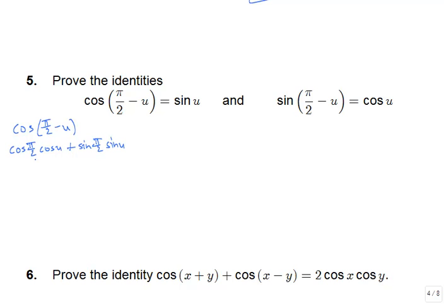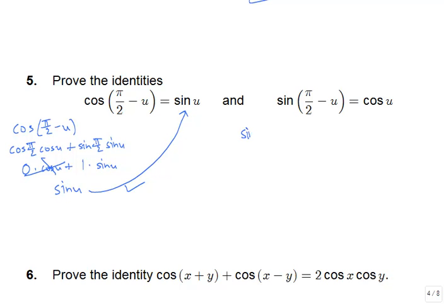Now pi over 2 is 90 degrees, and the x value at 90 degrees is 0. The y value at 90 degrees is 1, so sine of pi over 2 will be 1. So this all goes to 0, and 1 times sine of u is just sine of u. So that's why that cofunction idea is true. Cosine of an angle is equal to sine of its complement.